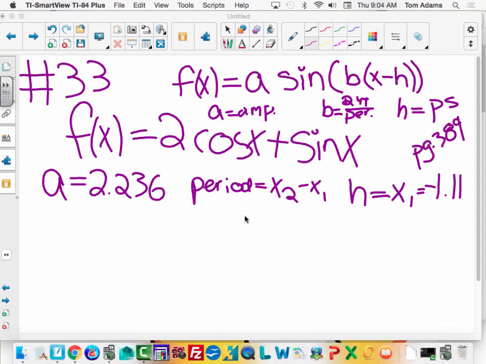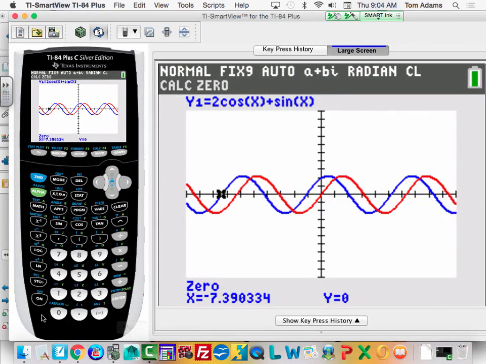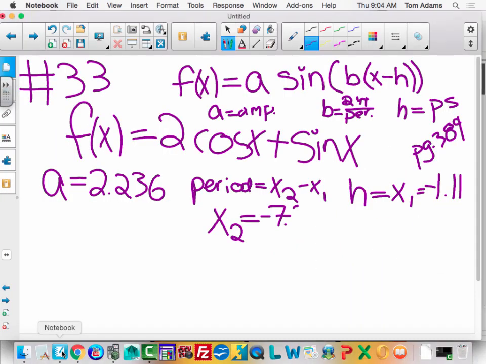So for x sub 2, so right under the period put equals, was it negative 7 point, what did I say it was? 39. And then x sub 1 is equal to negative 1.11.